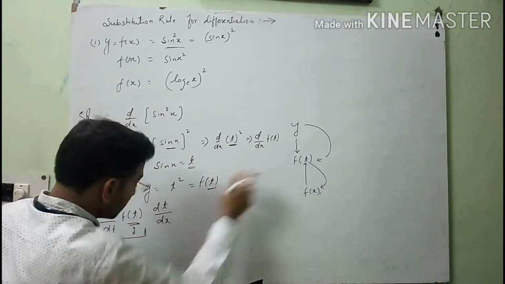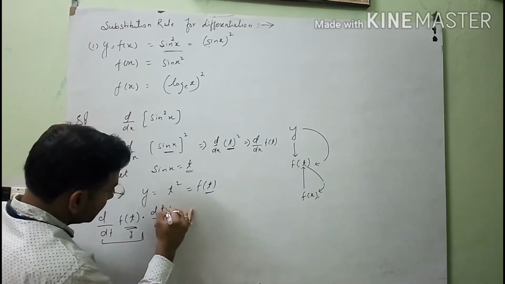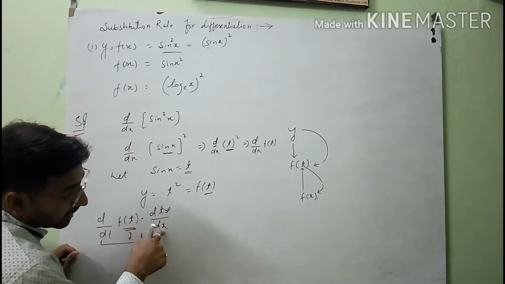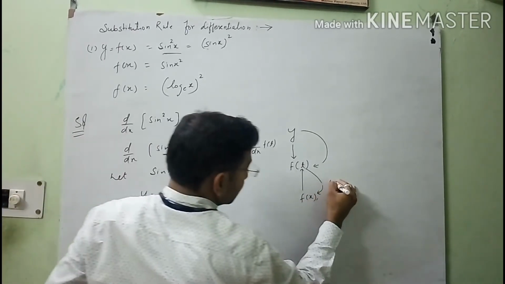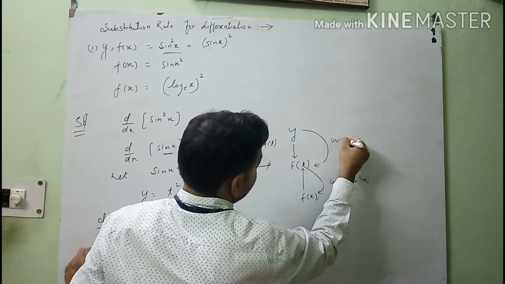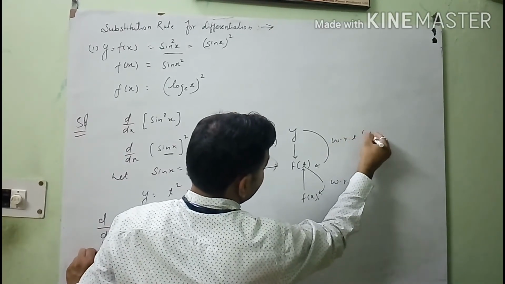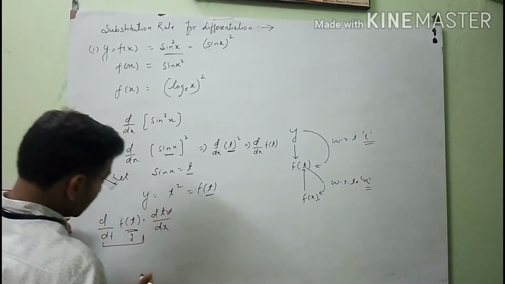After that, by using the product rule, you will differentiate t with respect to x. This is with respect to x, and this is with respect to t. Point is clear, student? In this way we will solve the question.